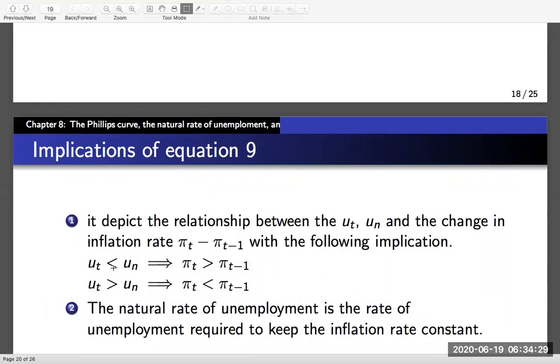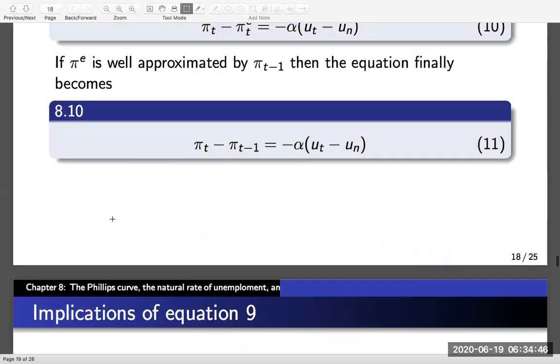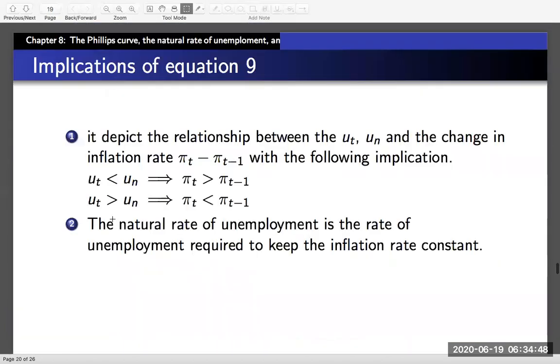When your current unemployment is less than your natural rate of unemployment, it means your current inflation is greater than your previous inflation. The opposite holds as well. So remember that. We will ask you a question where we expect you to know this relationship derived from equation 8.1 or equation 11, whichever one you prefer.